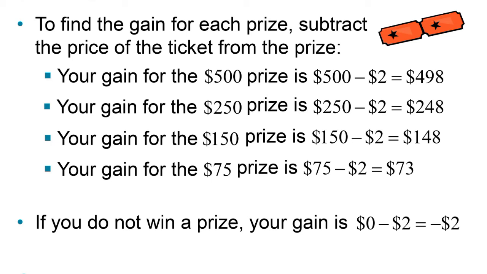And 75 minus 2 is equal to 73. And there's the instance when you don't gain a prize, which would be equal to 0 minus 2 because you bought that ticket at the price of $2, which would be equal to negative 2.